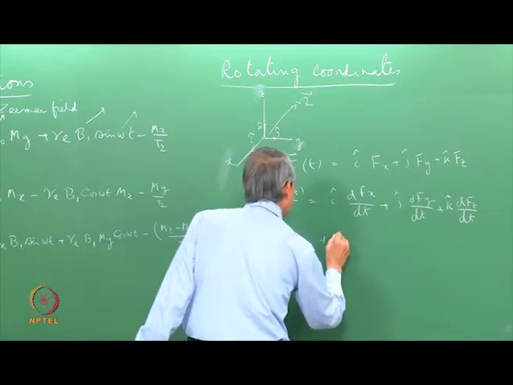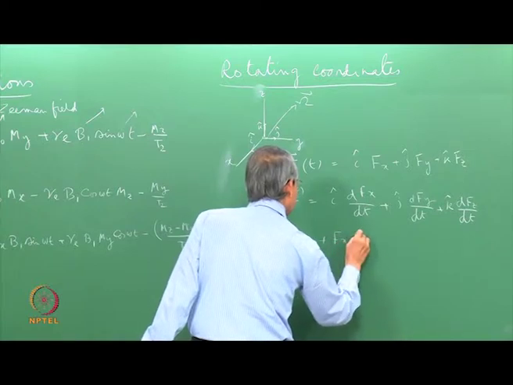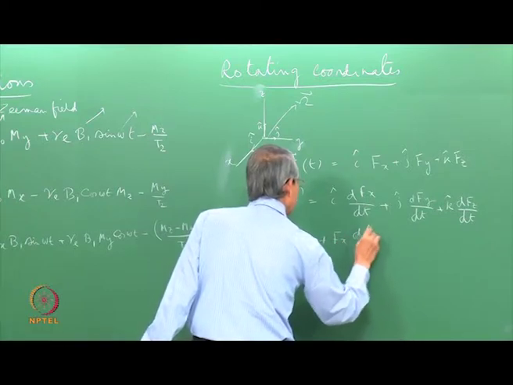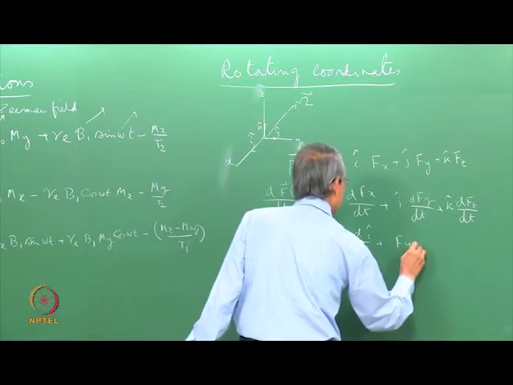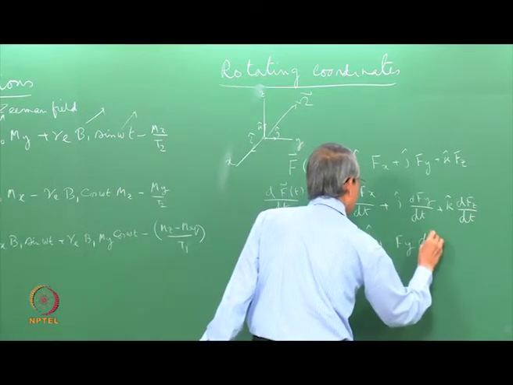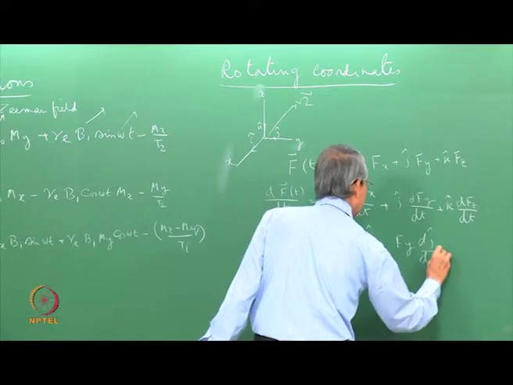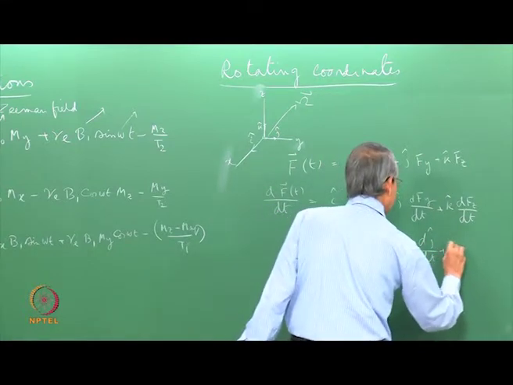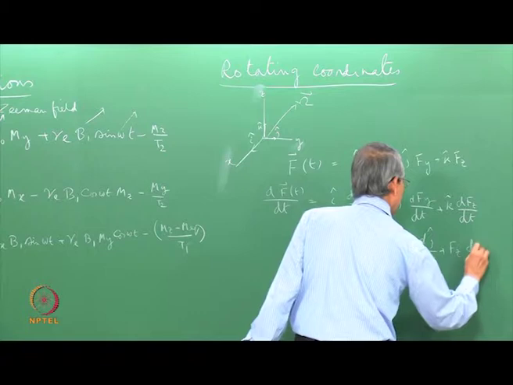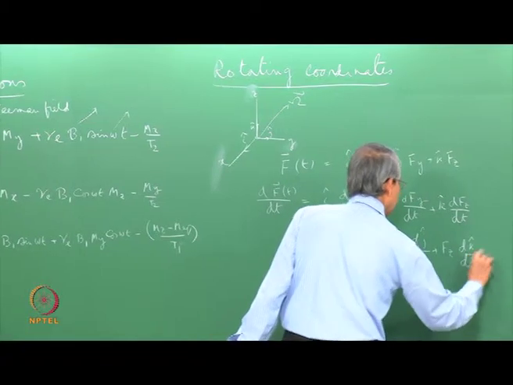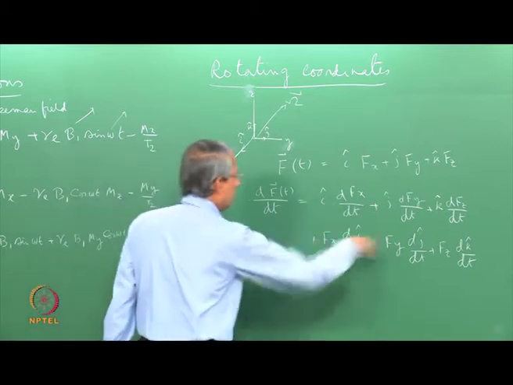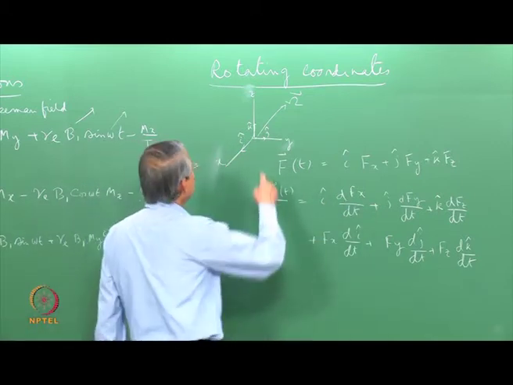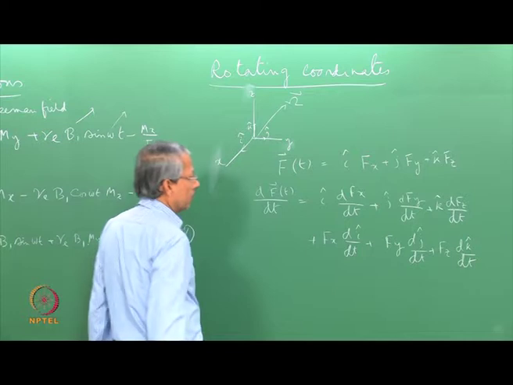So, this will be f of x di by dt plus f of y dj by dt plus f of z dk by dt. So, this gives the complete time derivative where the coordinate system is also rotating.